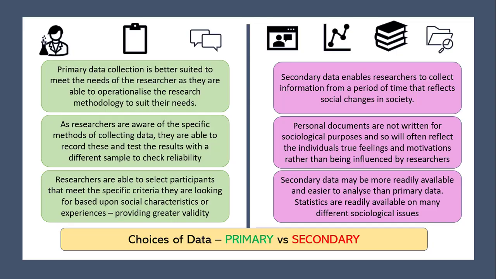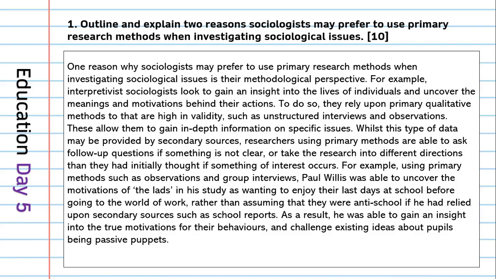Let's look at my response. So, one reason why sociologists may prefer to use primary research methods when investigating sociological issues is their methodological perspective. Now, this is something that might come up in the choosing topics and methods. Certain sociologists like to use certain types of methods, and I've used an example here.